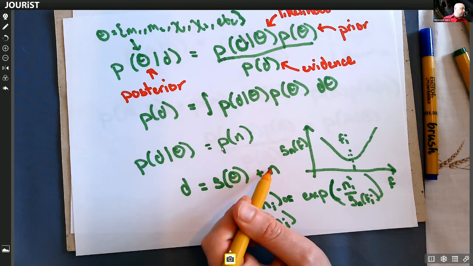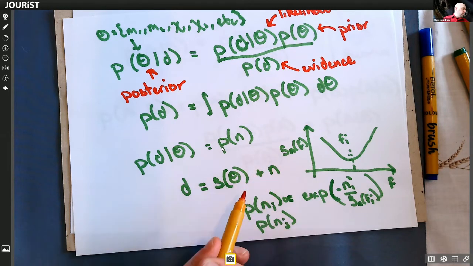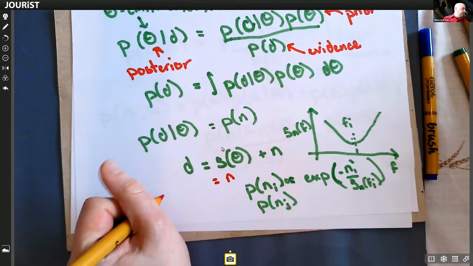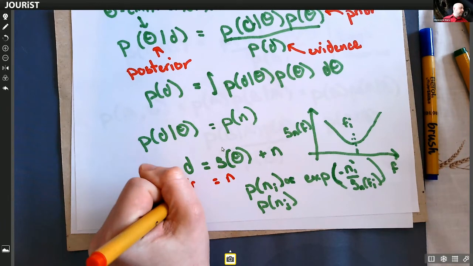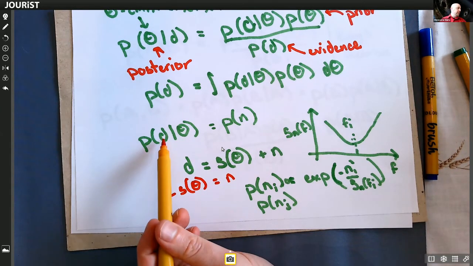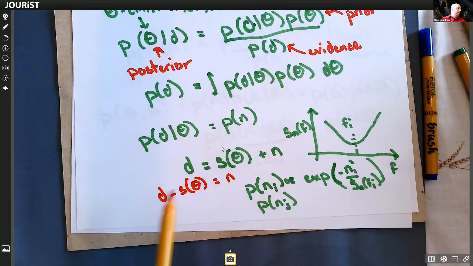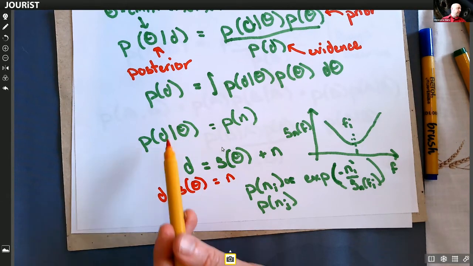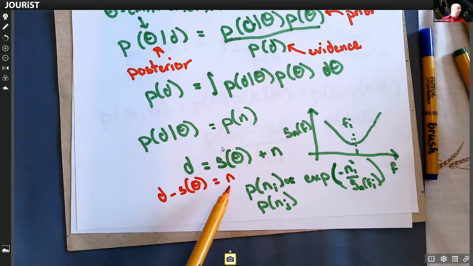So let's just rewrite this. Noise equals data minus the signal. Okay, so what's the probability of getting the data given theta? Well, given theta, we know what S is, so the probability of getting this D is just the same, the probability of getting this particular realization of the noise.